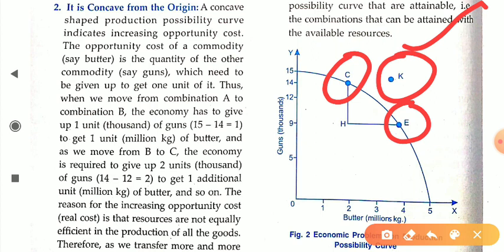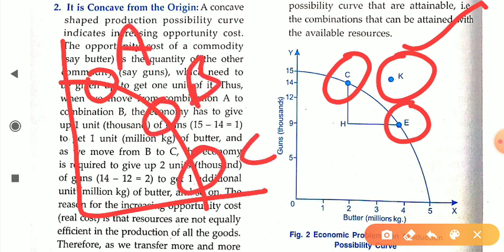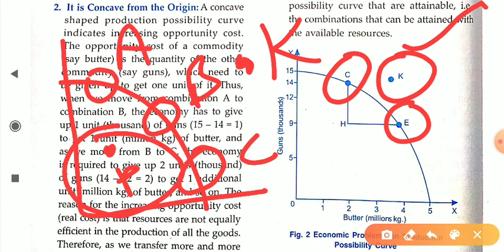Always keep in mind that on this PPC curve, all points which lie on the PPC, like point A, point B and point C, are attainable points. The point outside the PPC curve, like point K, is an unattainable combination. Similarly, the point inside the PPC curve, like point P, you can attain, but at this point you have underutilization of resources. It means your resources are not fully utilized.